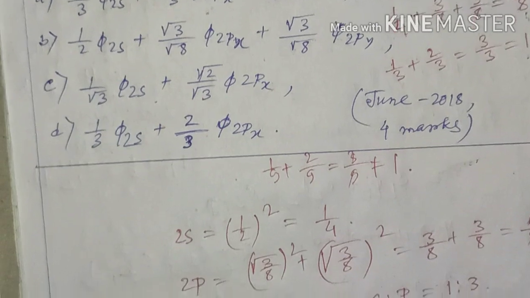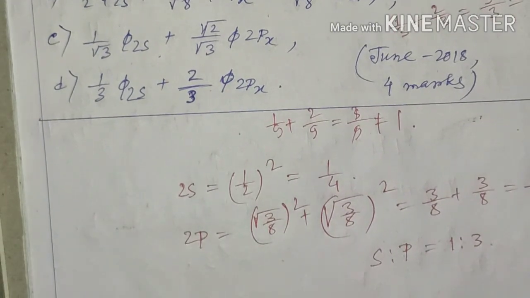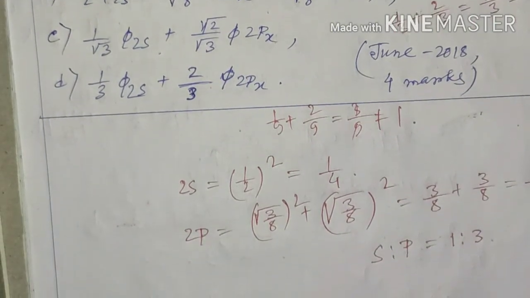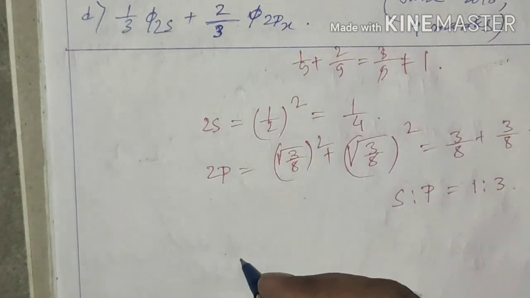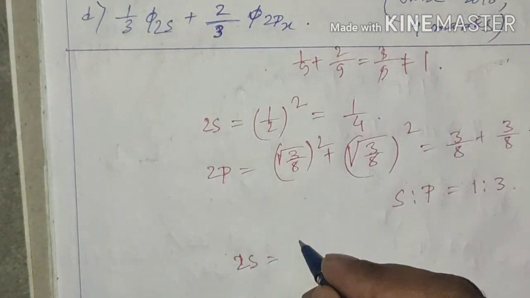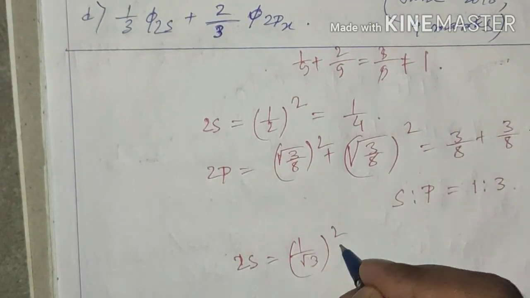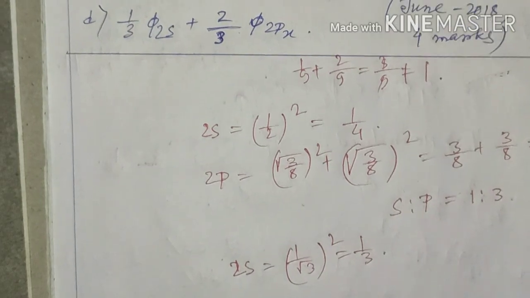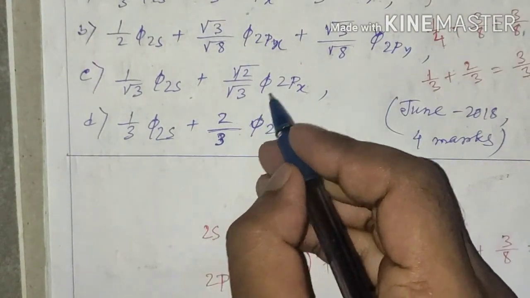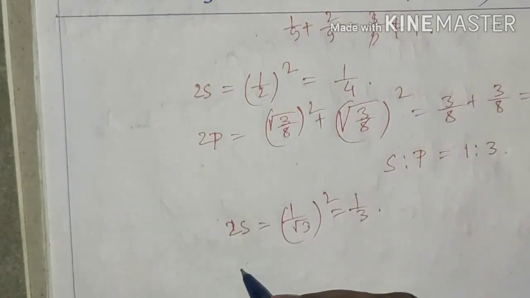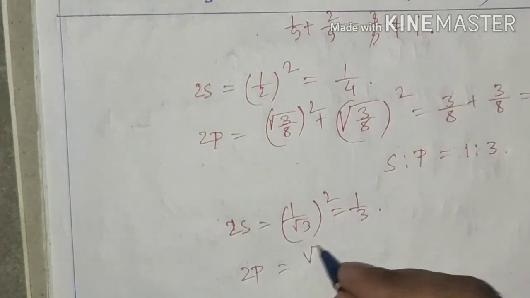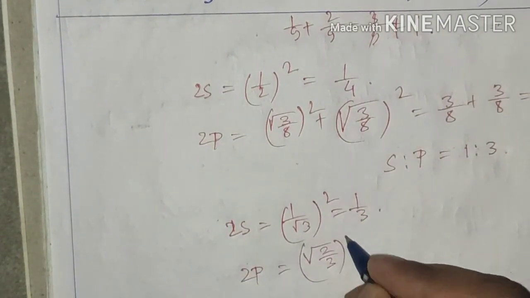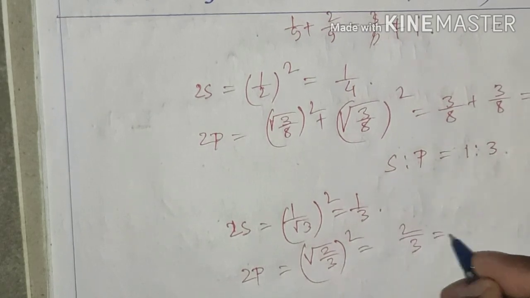Now let's see the third case. The contribution for the 2s atomic orbital will be 1 by root 3 squared, that is 1 by 3, and for the p character it will be root 2 by 3 squared, that is 2 by 3.